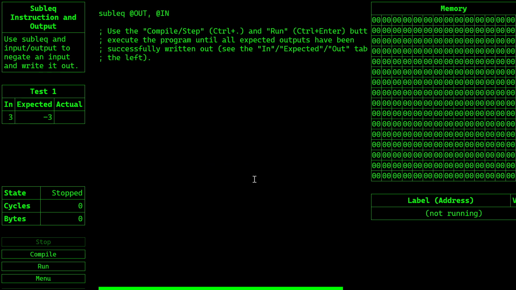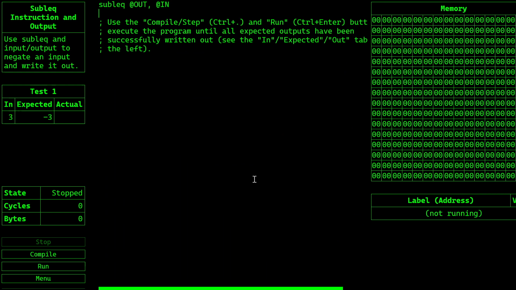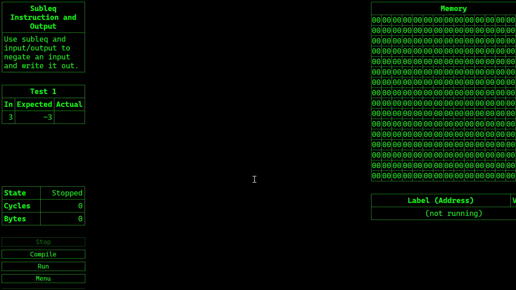Okay, get out of here. I don't need this in my source file. This is useful because I did not read this manual. Use control dot to compile, and then step as in step and debug, and run to execute the program.